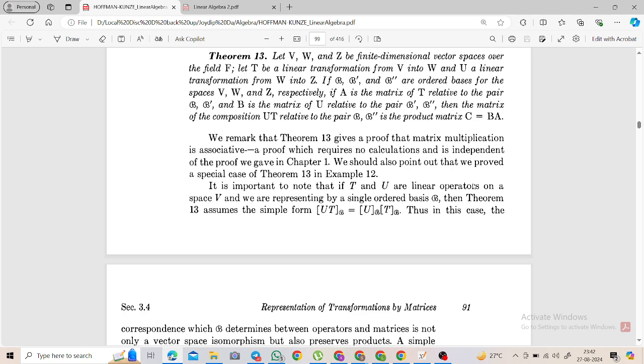Let V, W, and Z be finite dimensional vector spaces over the field F. Let T be a linear transformation from V into W, U a linear transformation from W into Z. If beta, beta prime, and beta double prime are ordered bases for the spaces V, W, and Z respectively, A is the matrix of T relative to the pair beta, beta prime, and B is the matrix of U relative to the pair beta prime, beta double prime, then the matrix of UT relative to the pair beta, beta double prime is BA.